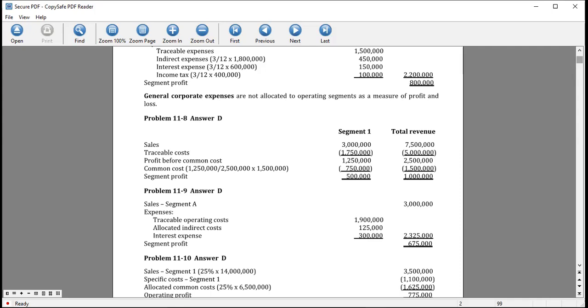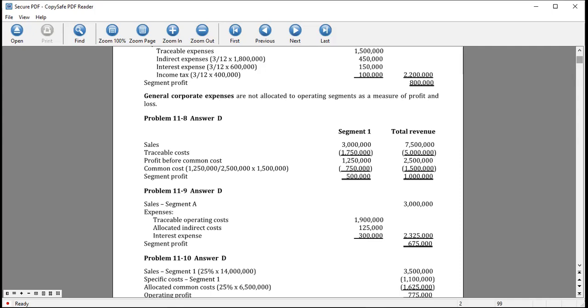What amount should be reported as segment A's profit for the current year? The company has three reportable segments. Common costs are appropriately allocated on the basis of sales.